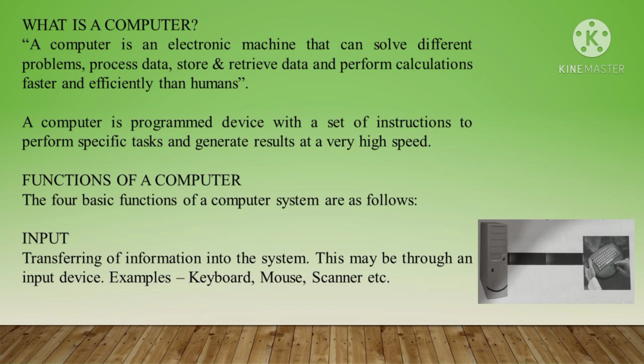Efficiently means very easily, without any effort. Then, what is a computer? A computer is a programmed device with a set of instructions to perform specific tasks and generate results at very high speed. At very high speed it can generate information, and we can efficiently retrieve the data from the computer.